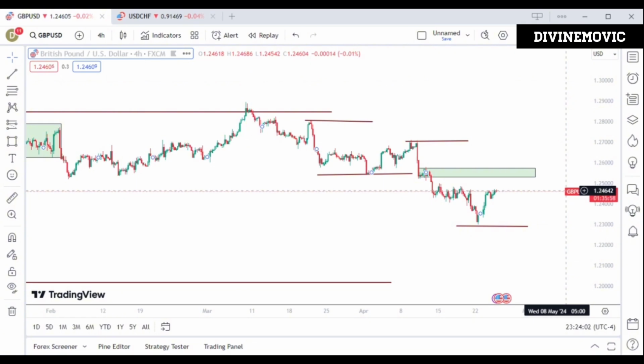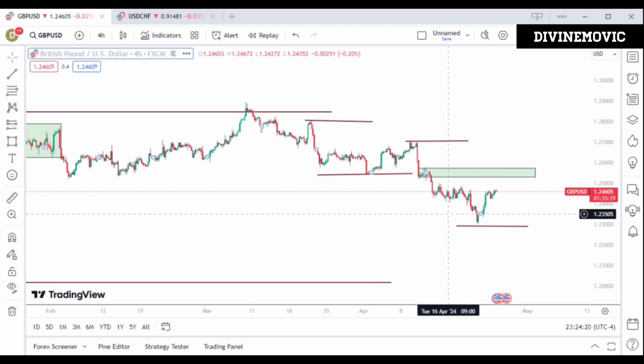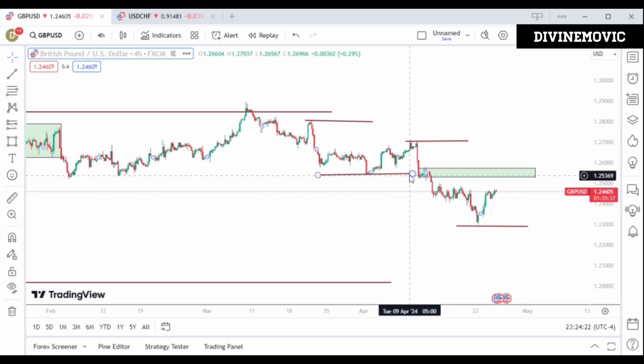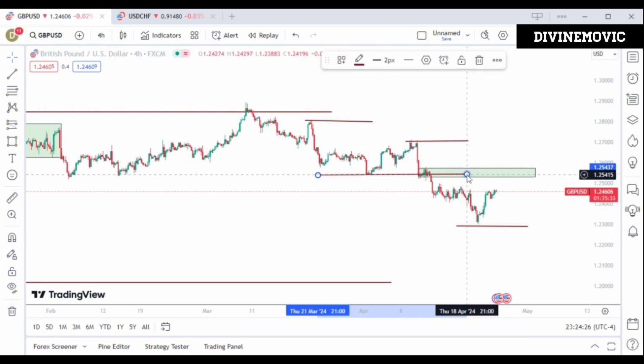Now, since we have identified that price is in a downtrend, giving us a series of lower lows and lower highs, we identify our recent swing high and our recent swing low. We're able to identify that this point here was acting as a support and price broke below this support, and this support turned to resistance, which is currently our zone.